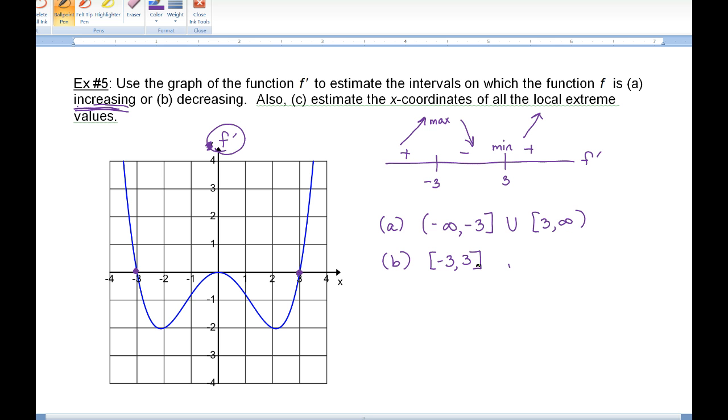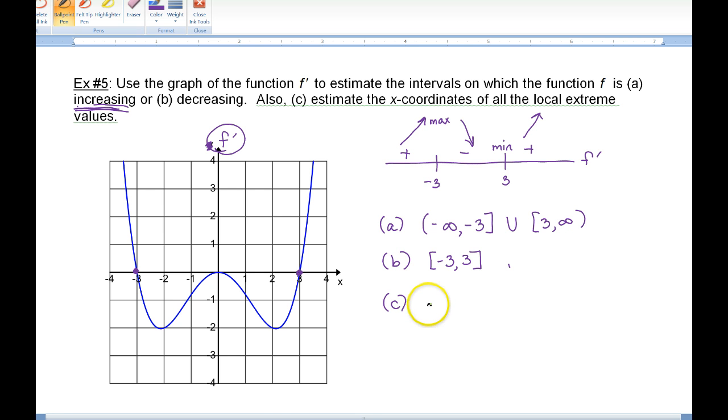And then finally, we're going to estimate x-coordinates of all the local extreme values, which we just did. This is why we do this little number line, because it makes it really clear. It makes it really easy to see based on how we interpreted the positive, negative numbers and then drew in the arrows.